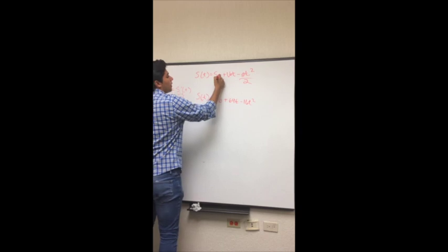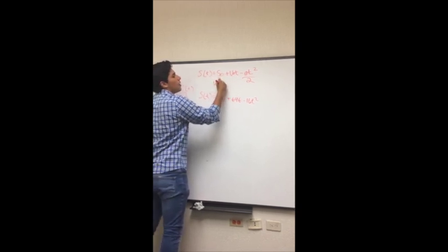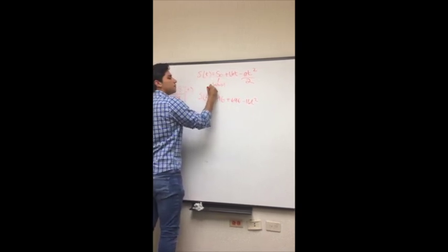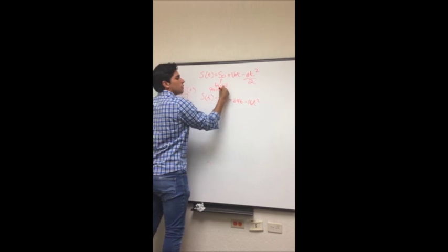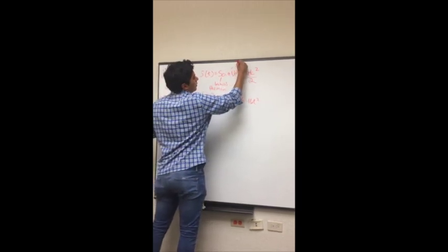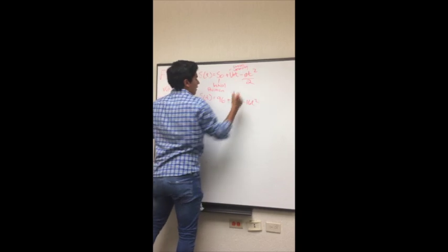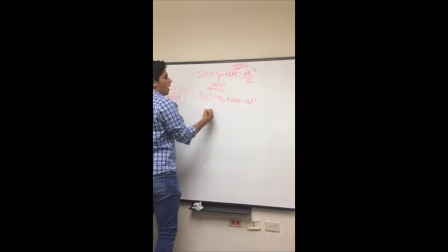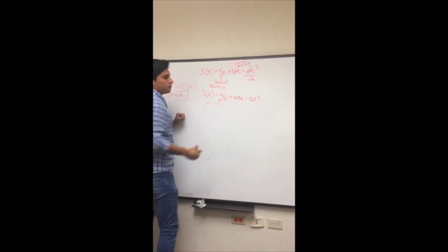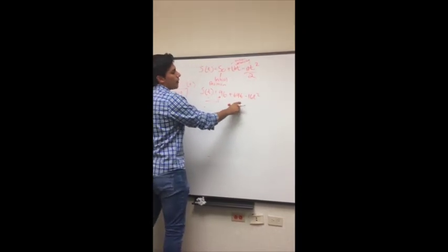So we need to remember that this is the initial position. This is our initial velocity. And now this is the height of our function. This is our initial velocity.